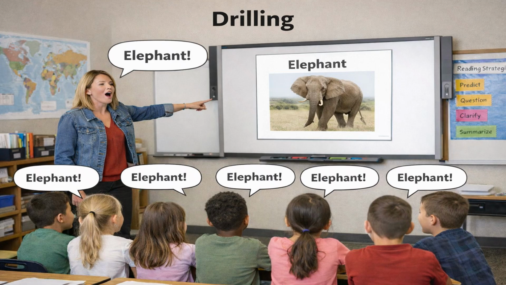Then all students repeat together several times. This helps them hear the correct model and practice it clearly. So, the correct practice is not to say the word once, but to ask students to drill the word multiple times, with focus and guidance. This helps students remember the word, pronounce it correctly, and use it with confidence.